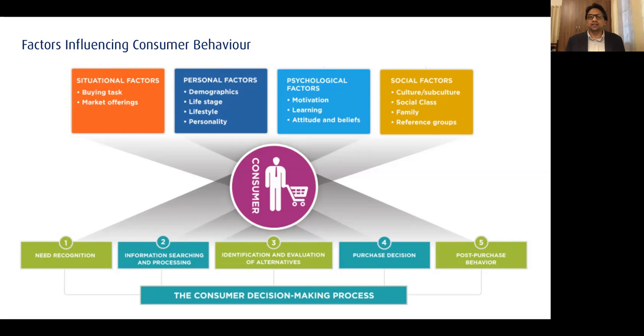Then come other factors like demographic, life stage, lifestyle, and personality. The type of product is dependent on your age, your income, the country that you live in, and all the demographic parameters that come into play. Life stage: are you married? Are you single? All of that makes a big difference as well.